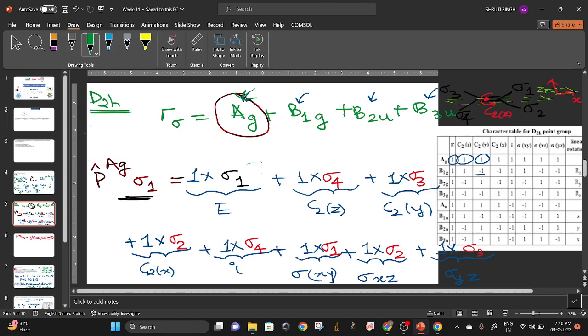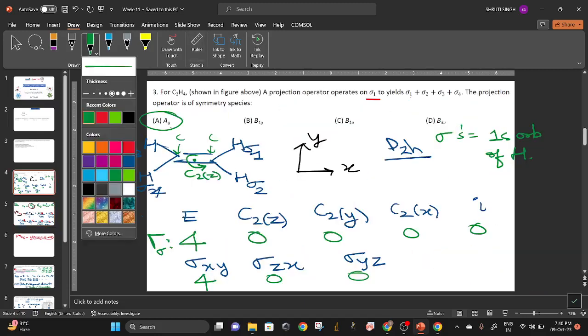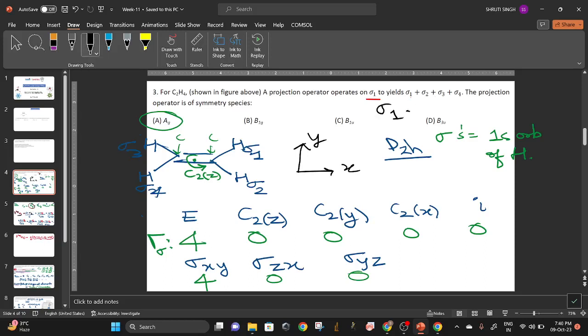Can you solve this if the question was like this? Let me change it to sigma 1 minus sigma 2 minus sigma 3 plus sigma 4. Which symmetry species will give this linear combination?